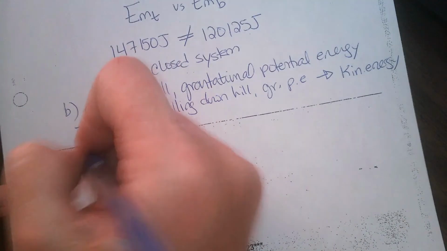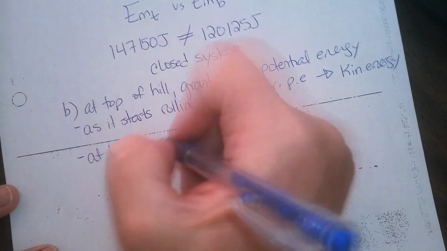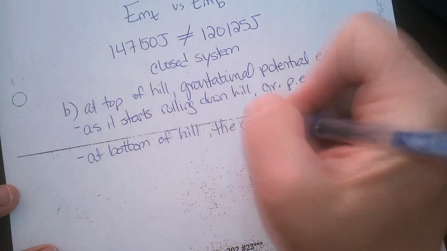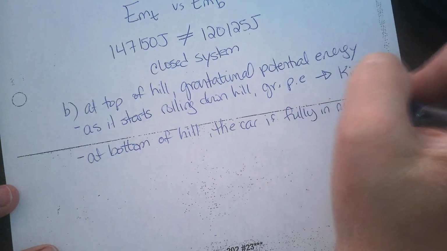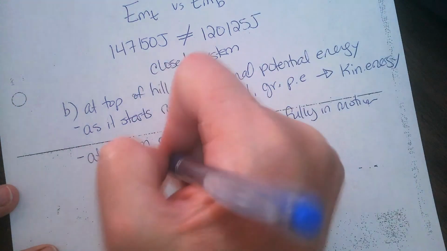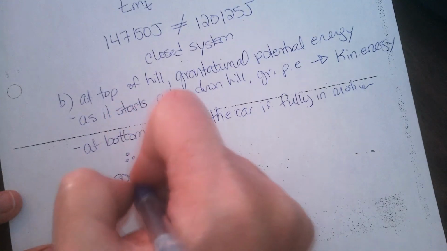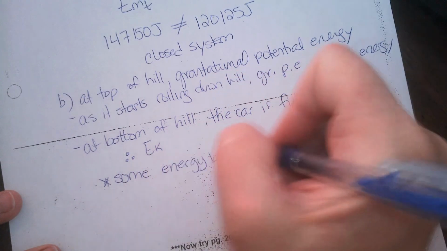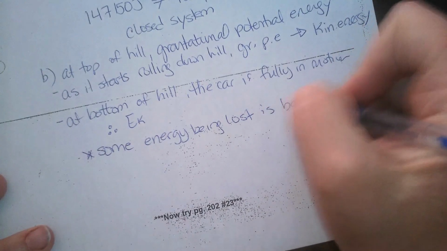At the bottom of the hill, the car is fully in motion. Therefore, it's kinetic energy. And so what we can say then is that some of the energy is being lost, so why didn't we end up with 147,000 joules, is because of friction.